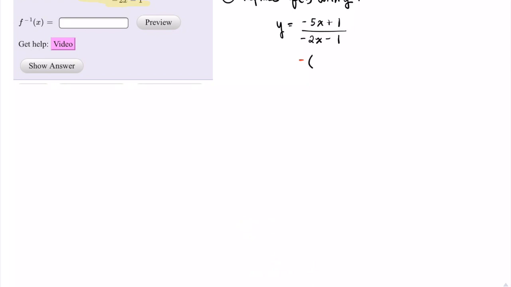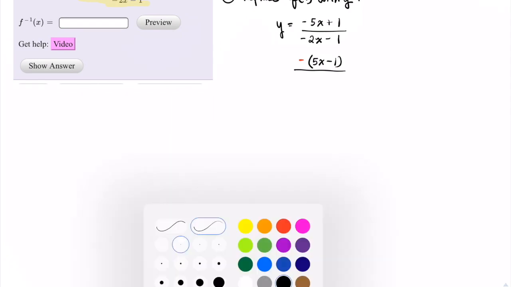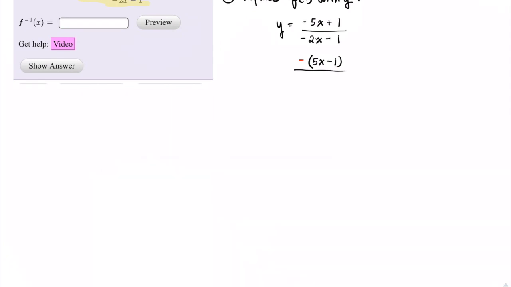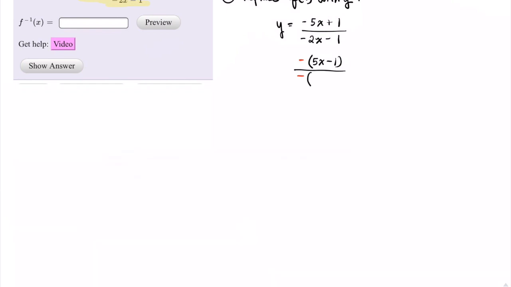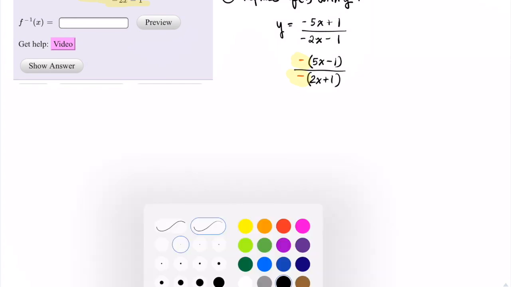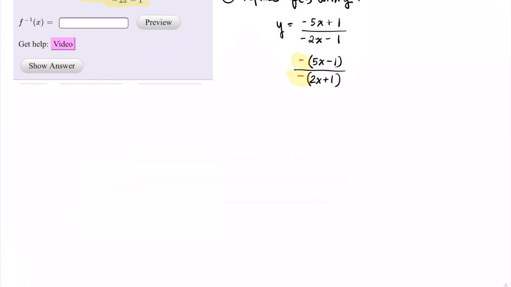So I'll take out a negative from the numerator and get positive 5x minus 1, all over, and let's factor out a negative from the denominator, and then I get in the denominator positive 2x plus 1. Because a negative over a negative, those are just going to be positive, right?